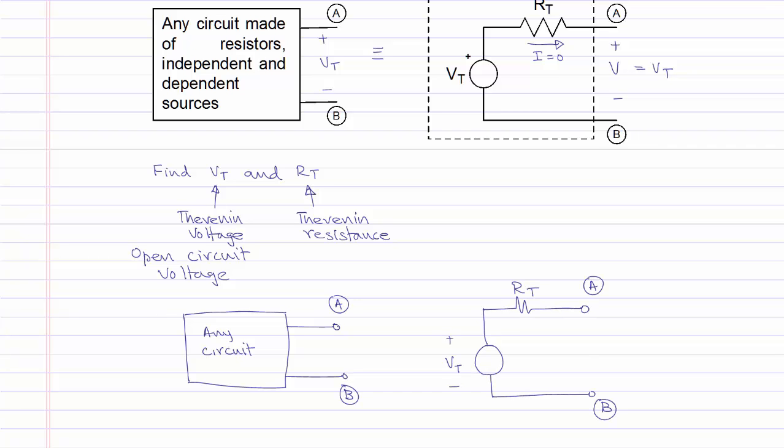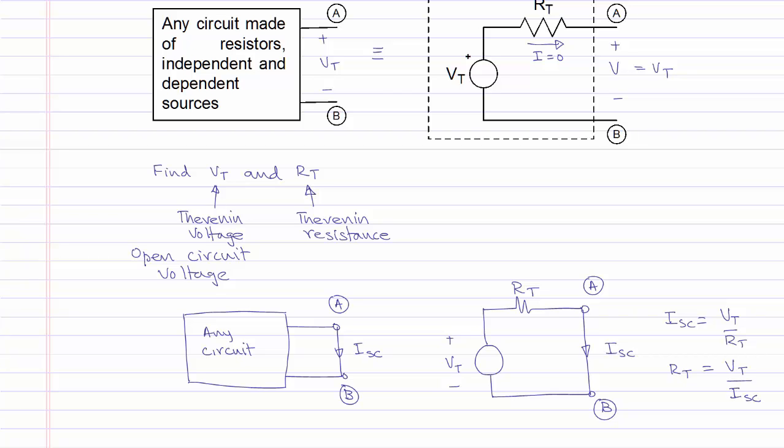And this time we will put a short circuit between the terminals A and B for both circuits, and there will be a current flowing through this short circuit, and we will call this current the short circuit current, or ISC, for both circuits. For the circuit on the right, the current ISC will be simply given by Vt over Rt, or Rt can be calculated by dividing the Thevenin voltage by the short circuit current ISC.